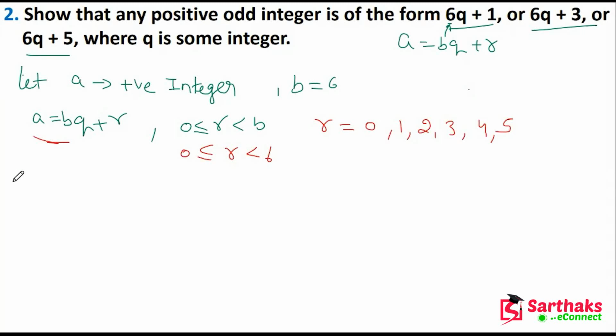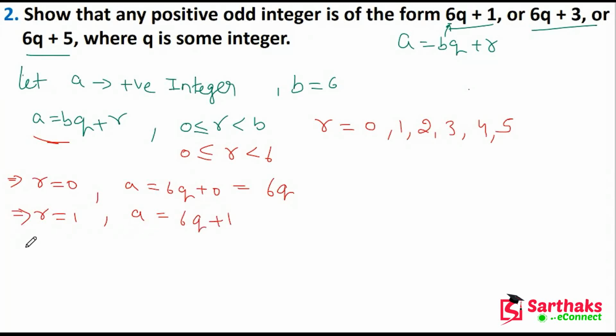First case, r is equal to 0. So a is equal to 6q plus 0, which becomes 6q. Now r is equal to 1, a is equal to 6q plus 1.